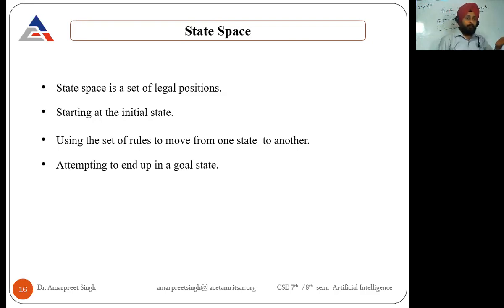The change should be in such a manner that it leads to the solution state, the goal state. If the state being changed is moving away from the goal state, then the actions you are taking are not right. So you have to change the direction, you have to change the course of study, you can say.